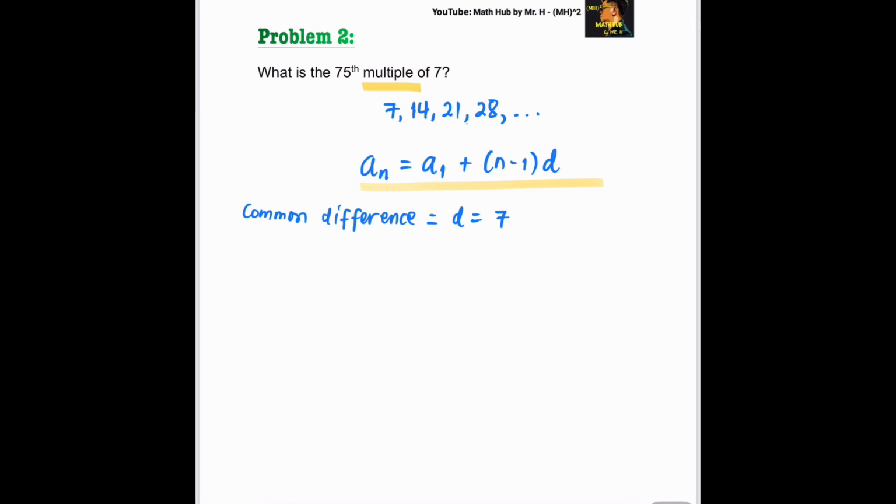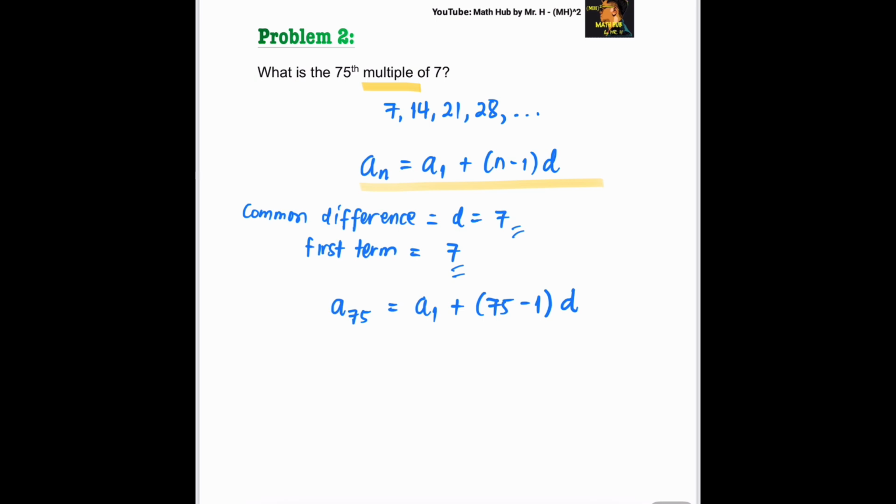Since you listed down all the multiples of 7, definitely their difference is 7. We also are given the first term, which is 7. Once you have this information, we can simply plug it into the formula. We're looking for the 75th term, so it's a sub 75 equals a sub 1 plus 75 minus 1 times d, the common difference.